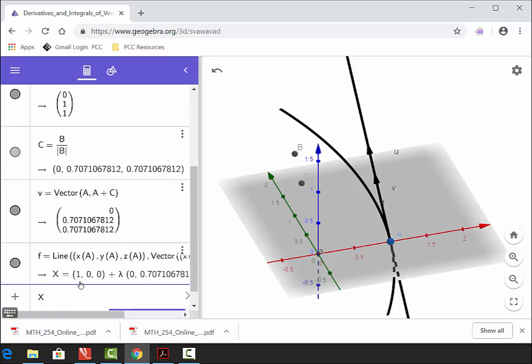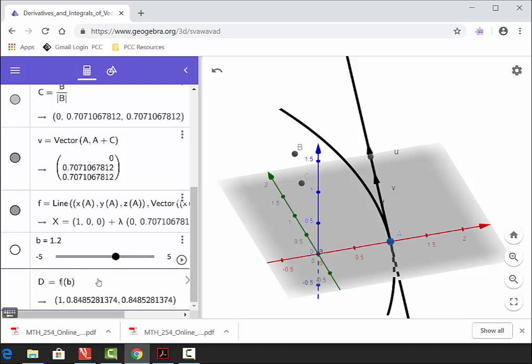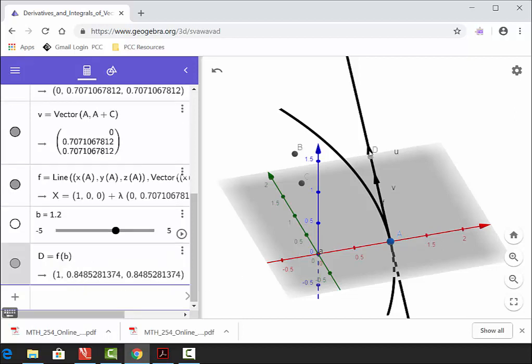I need to use a different letter here. So D equals X of B. And we can create a slider for B. It wanted us to call it with F, not X. Sometimes that's a little confusing, but just look and try them both sometimes and see which one's working better for you. So now I have the point D on here, and so I can slide along.